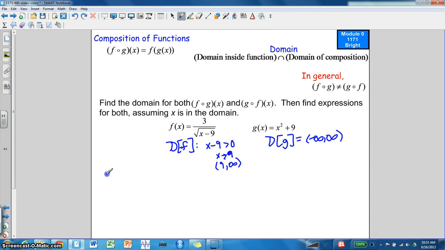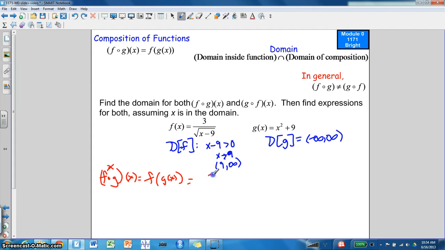So let's go ahead and start with f of g, and that's how you say it, it's not "fog", it's f of g, and a lot of people mistake this as the multiplication sign. It is not the multiplication sign. And so this is the same as saying f of g of x. So this says I take my g of x and insert it into f wherever I have an x occurring.